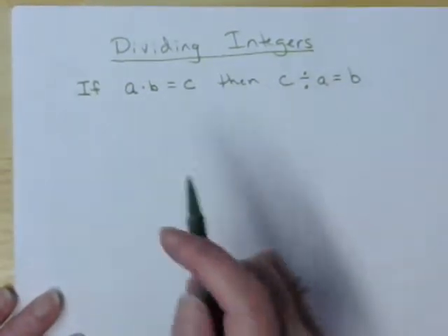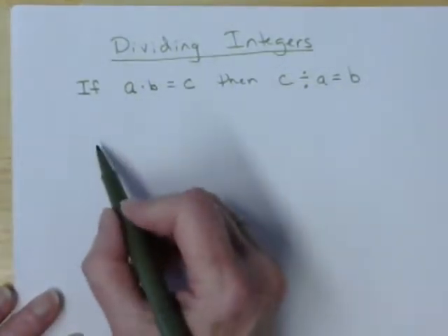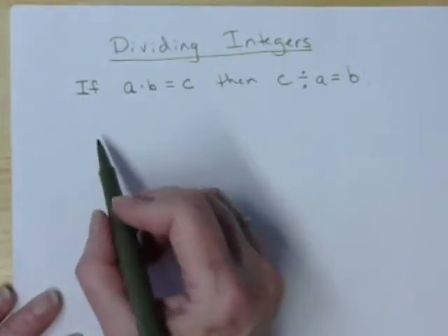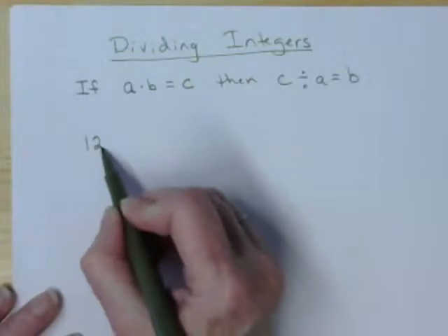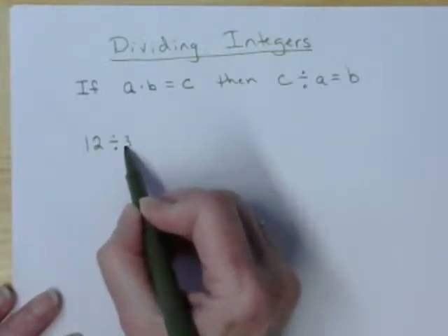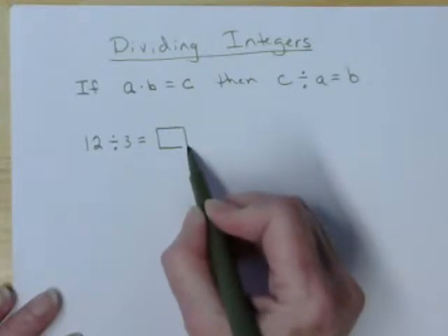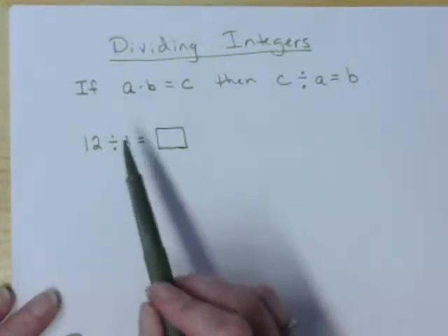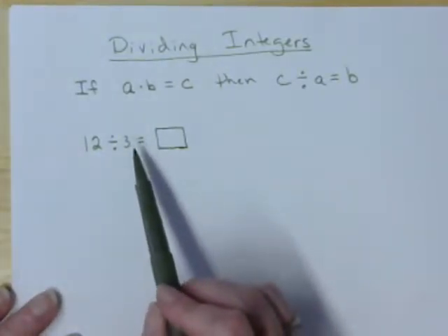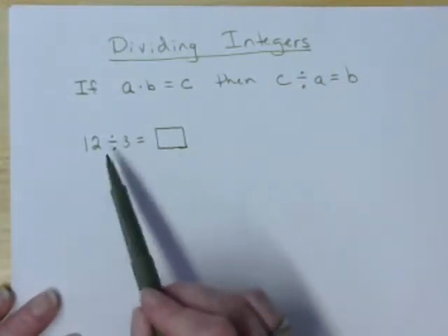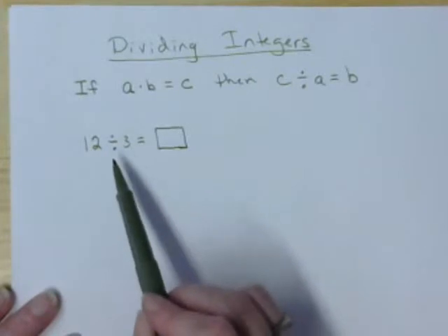So the idea is that these two things have to be interchangeable. If this is the case, let's look at different situations for deciding what the rules are for dividing. Let's go with 12 divided by 3 equals, and I'm going to pretend I don't know what that is. Some curriculums teach regular multiplication and division facts this way as fact families.